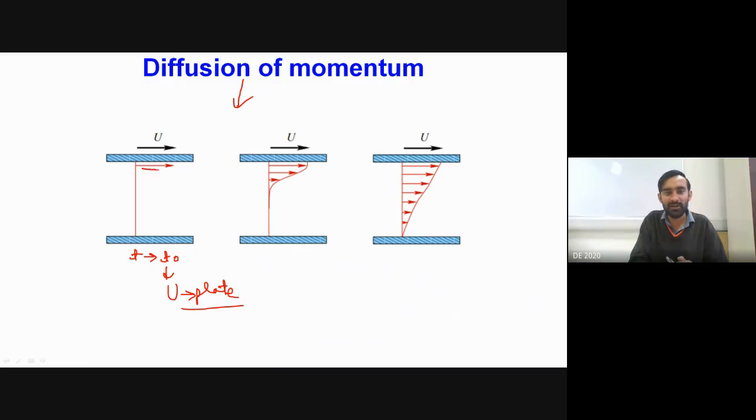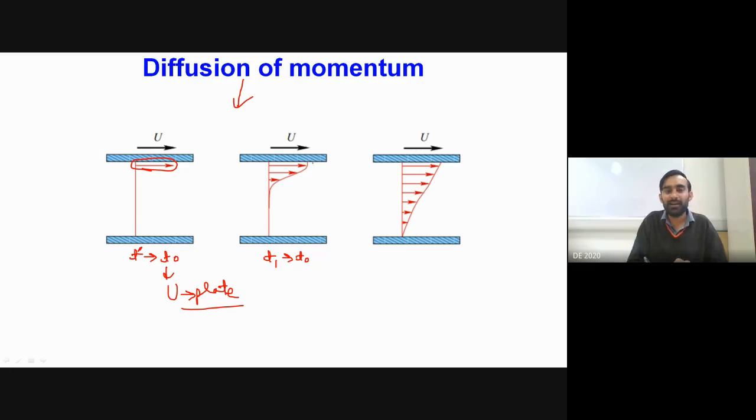Only the fluid layer in immediate vicinity with the plate will start moving. And as time progresses to some value t1, once again t1 is not large, it is approaching t naught only, but it is slightly greater than this particular time instant t dash.